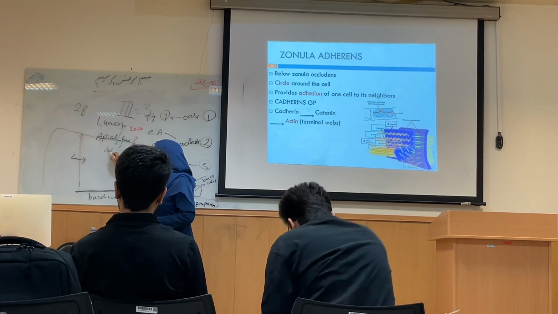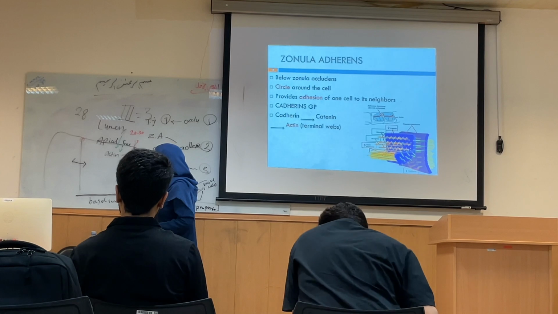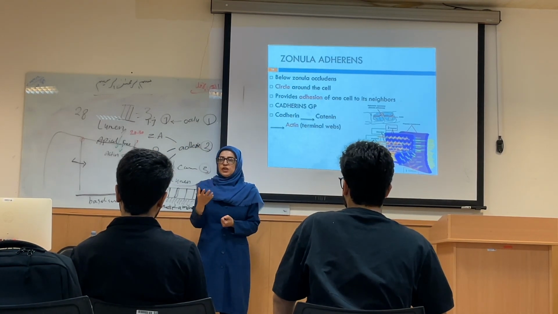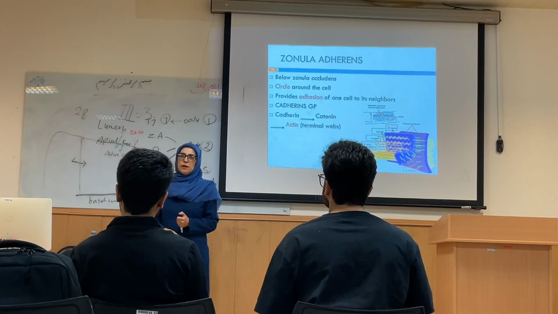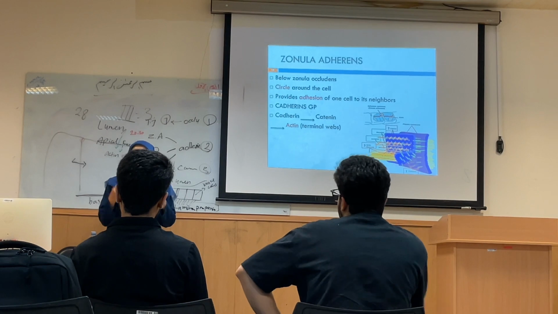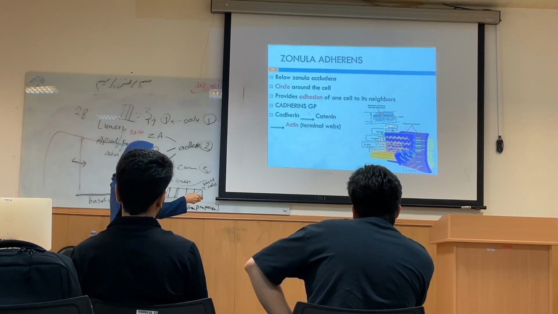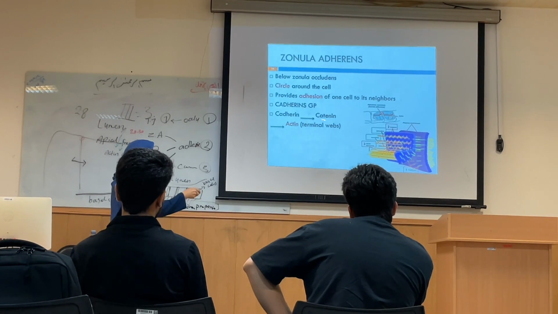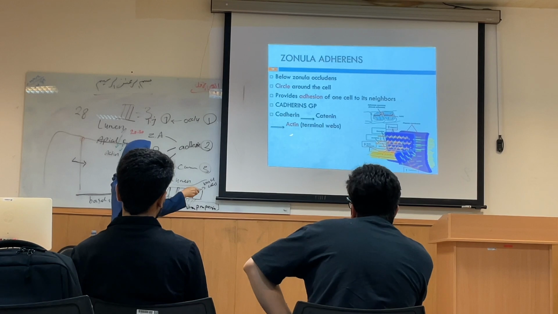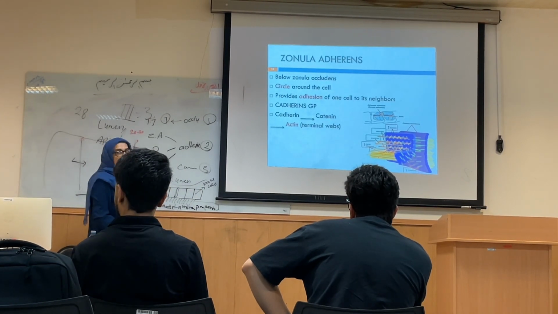Yesterday we learned that all cells have actin filaments under the cell membrane. There are some proteins you don't need to memorize. Just know that the cadherin proteins in the zonula adherens finally attach to actin, attaching the cells together.